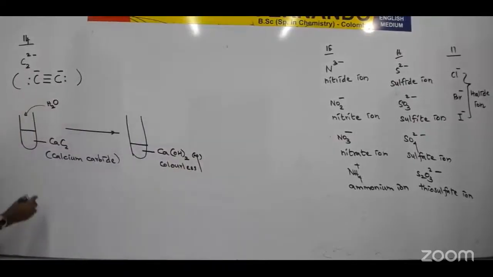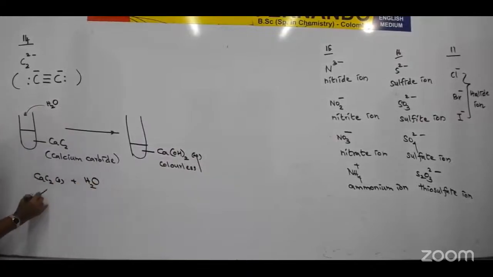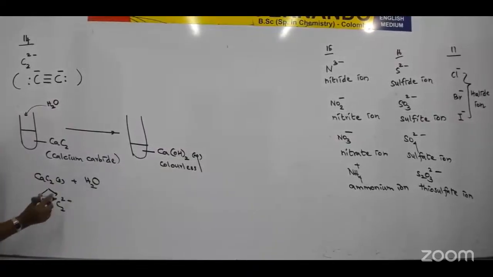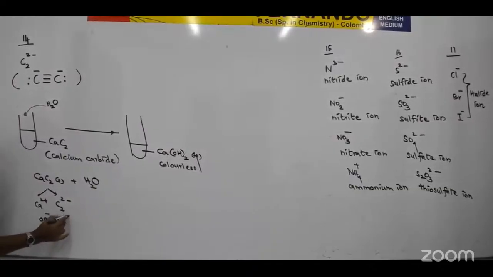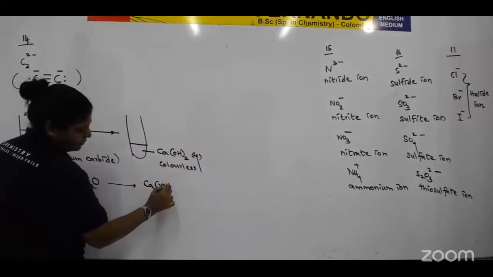Here calcium carbide reacts with water. Calcium carbide has calcium 2 plus and carbide. Water dissociates into OH minus and H plus. So calcium 2 plus combines with OH minus giving calcium hydroxide.